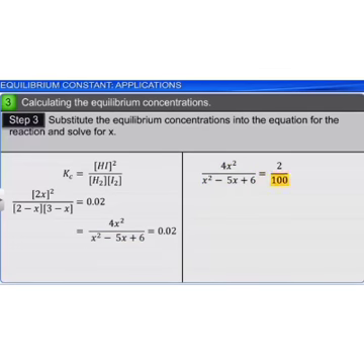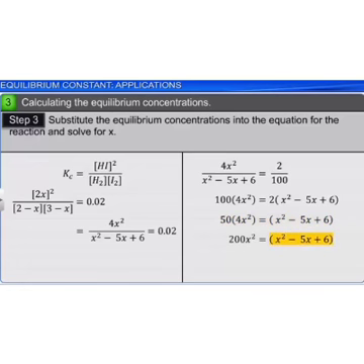On cross multiplying, we get 100 multiplied by 4x squared is equal to 2 multiplied by (x squared minus 5x plus 6). On cancelling 100 with 2, we get 50 multiplied by 4x squared is equal to x squared minus 5x plus 6. This becomes 200x squared is equal to x squared minus 5x plus 6.